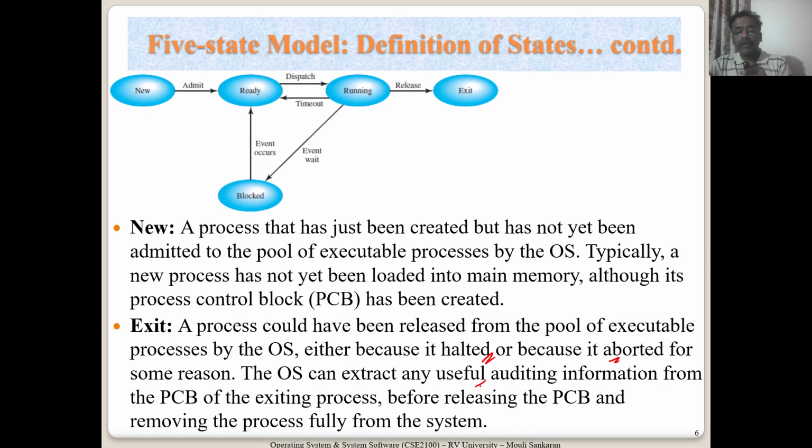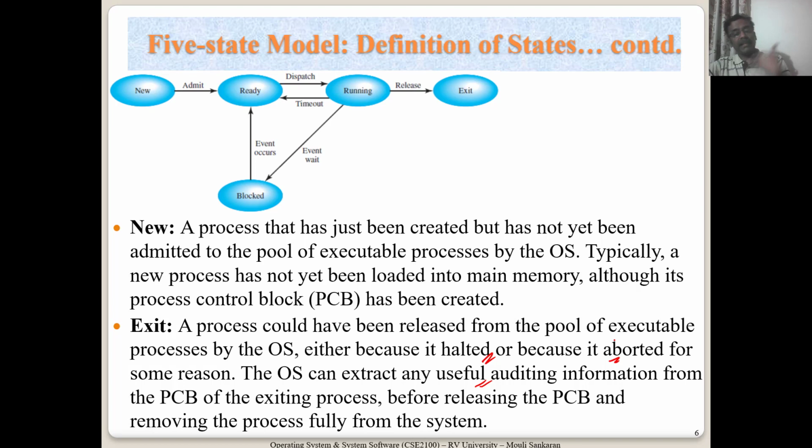The OS can extract some useful information from the exited process, like when something happens to someone, an unnatural death. Then what does the police do? They do a postmortem on the body. So if a process is terminated, the OS can look into the PCB entry and try to find out what caused the problem.